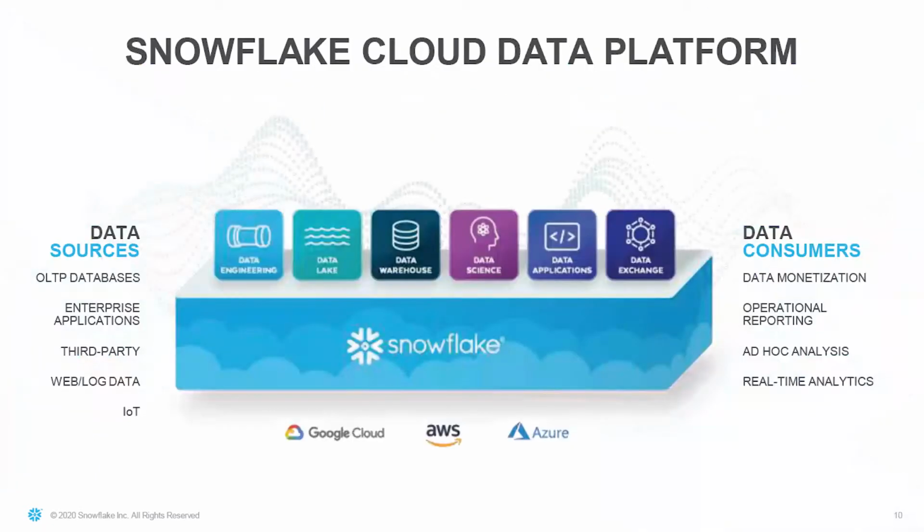As I mentioned, we started off as a cloud data warehouse in one region in one cloud provider. And since then, we've grown into a cloud data platform handling a variety of different workloads, from data lakes to data science to the data exchange, which is something that's really unique inside Snowflake, and I'll touch on that a little bit more.